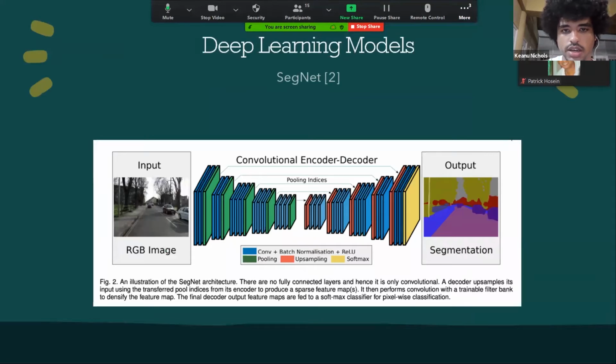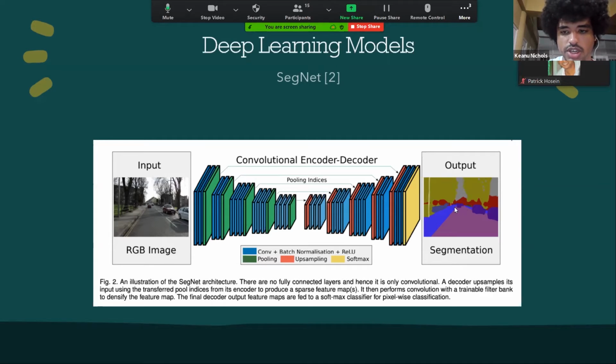So we're going to be looking at the different deep learning models that we have, right? The first one I spoke about was Segment, which was used in this WeedNet paper. Since we're doing semantic segmentation, we're labeling each individual pixel, right? For example, in this picture here, we have a road, sidewalks, trees and different things like that.